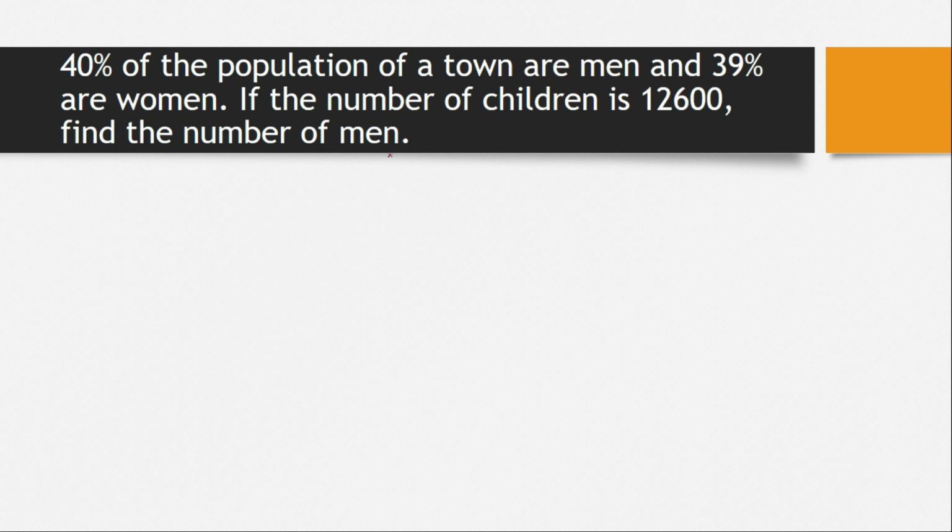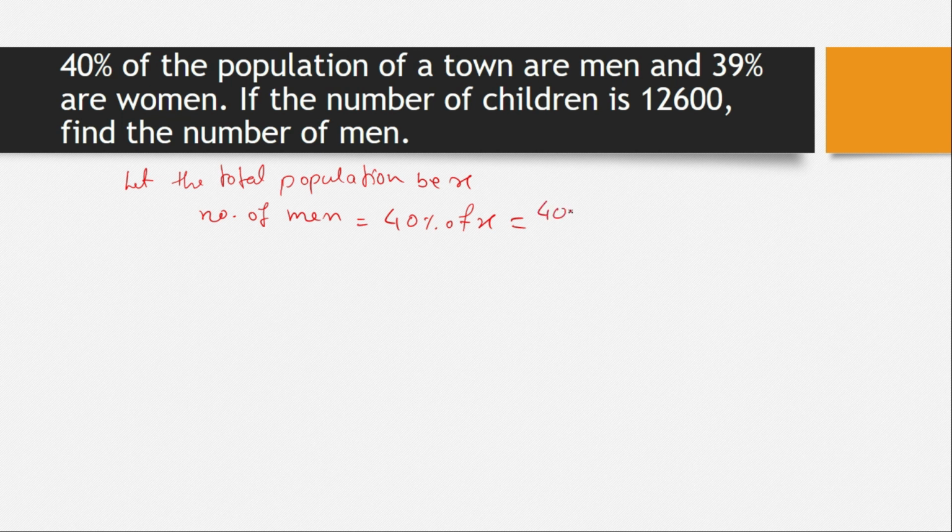So here the total population is not given, so we will take, let the total population be X. So the number of men is 40% of X. That means we can write it as 40x by 100.